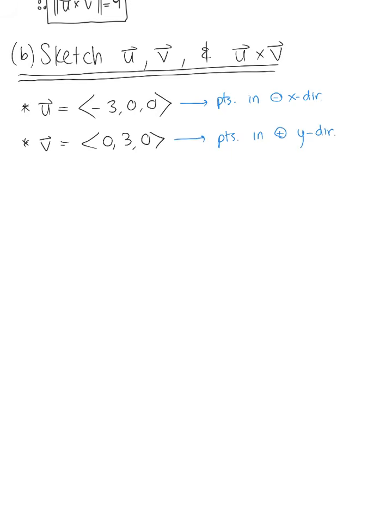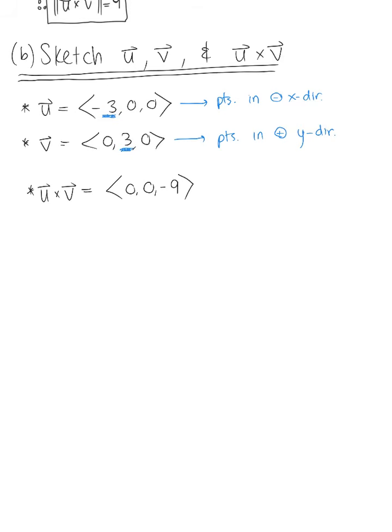And we know this is happening because the only component in u that's non-zero is our x component, and in vector v, the only non-zero component is 3 in the y direction, or y component. And then last but not least, we have the cross product, which we know is perpendicular to both u and v, which is 0, 0, -9.